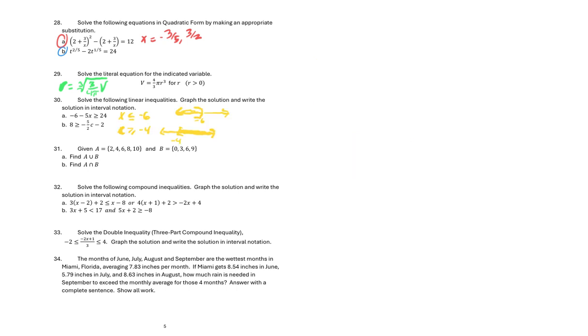Given A is a set containing 2, 4, 6, 8, and 10, and B is a set containing 0, 3, 6, 9, find A union B. So it's going to be 0, 2, 3, 4, 6, 6 just once, even though it's repeated in both of them, 8, 9, and 10.